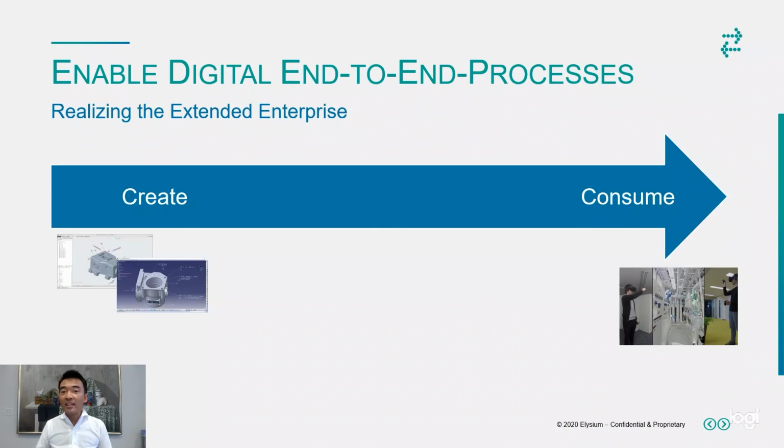Typically, 3D CAD data is created in a native CAD system by CAD designers, and at the end of the process, somebody consumes the data. It might be viewing the data or showing it to partners or suppliers, or they might use the data in manufacturing in CAD or CAM, or the data is used for simulation in the CAE area, or you might need to save the digital assets, or use the data at the shop floor, for instance, a digital representation of whole factories in virtual reality, and walk through the factory and so on.